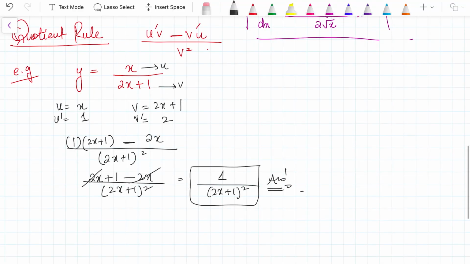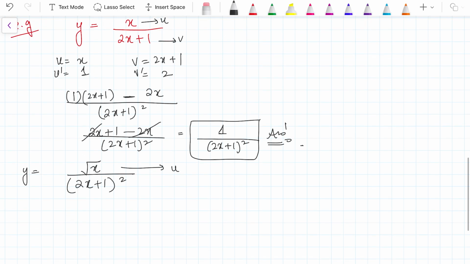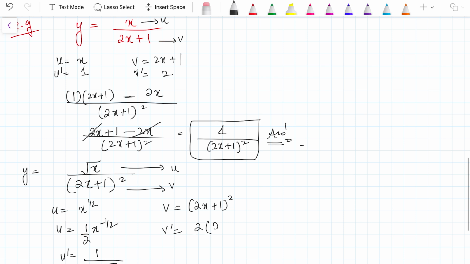Now let's take another example. U is under root x and v is this. Power comes down, subtract 1 from the power. V is 2x plus 1 whole square. So v bar will become, power comes down, subtract 1 from the power, and the differential is a 2.